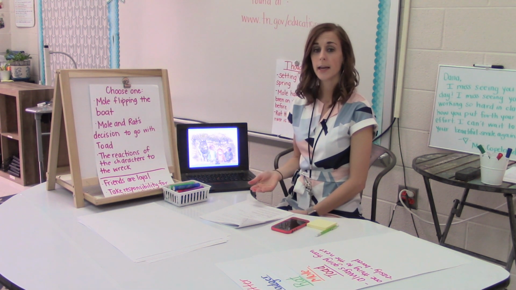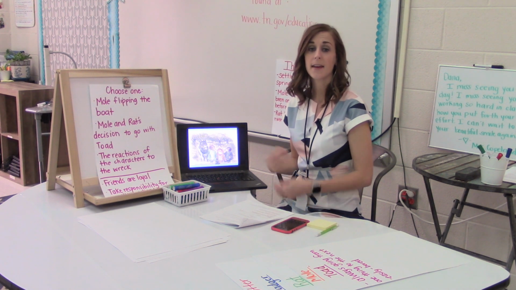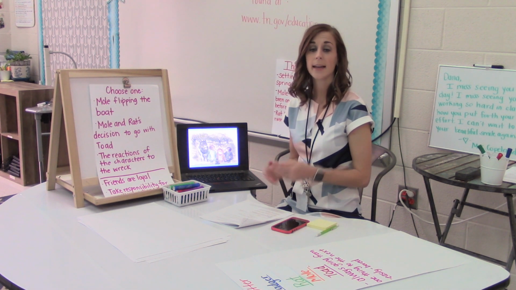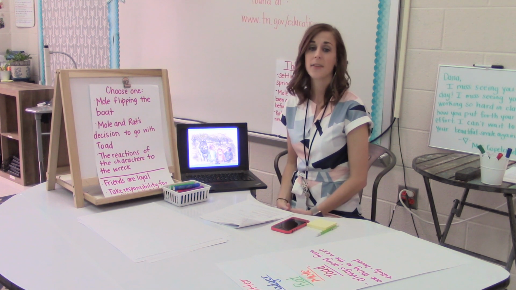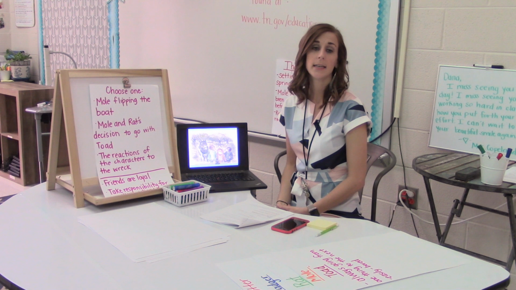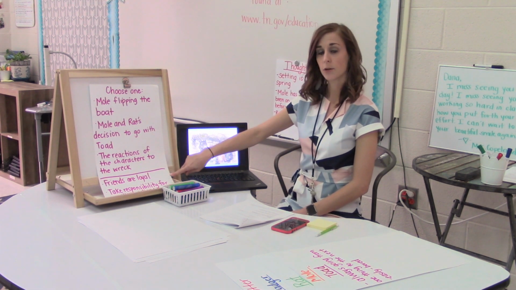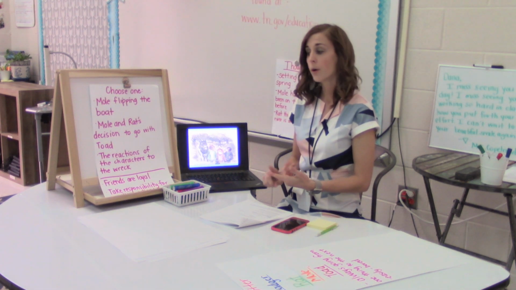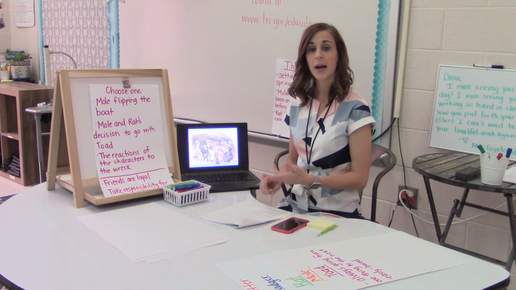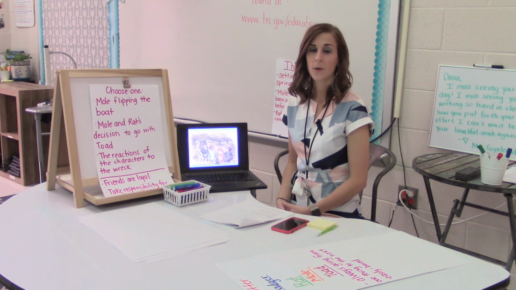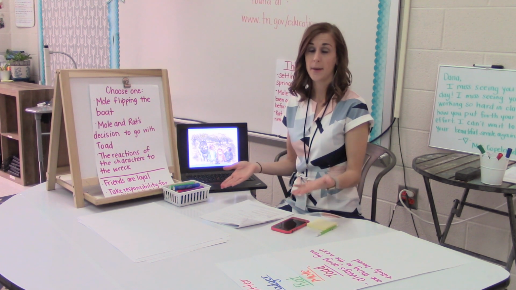After you've chosen, I want you to rewrite the event with narration and dialogue demonstrating how the sequence of events would be different if the character did not demonstrate that central message. For example, if Mole and Rat had not been loyal, what would have happened in the story instead?